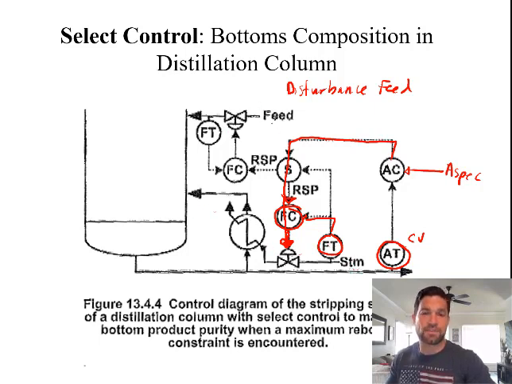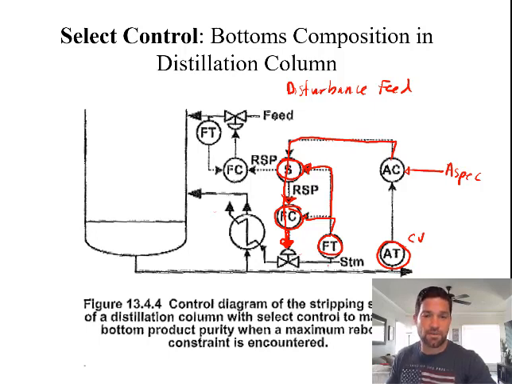In the case where this feed flow greatly increases, at some point the valve position on the steam fully opens. If this valve position on the steam fully opens, the select controller that we now incorporate comes into play. We're going to add a select controller into the system, and it's going to take a measurement of the steam.